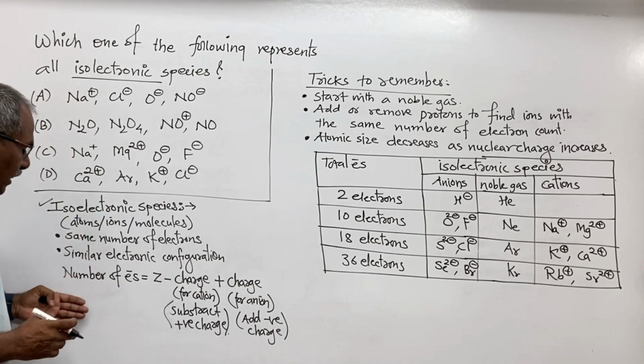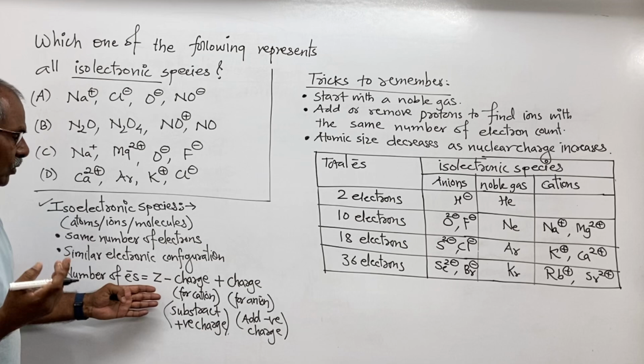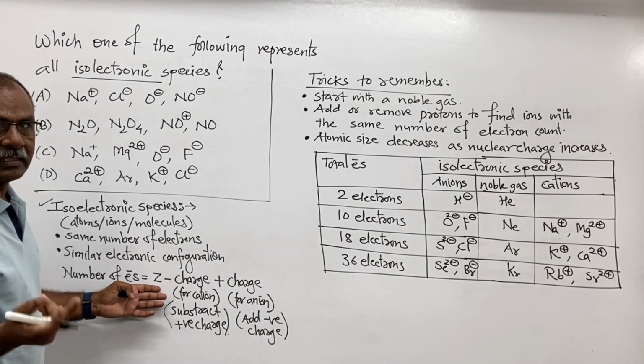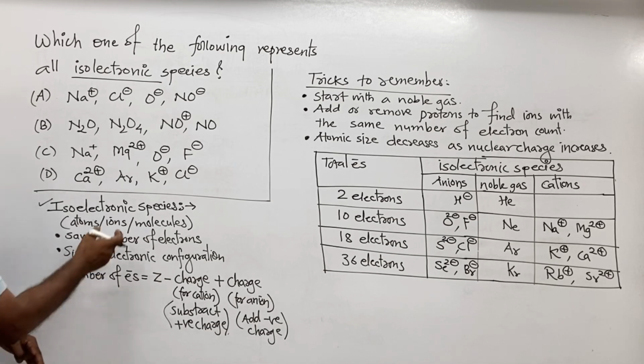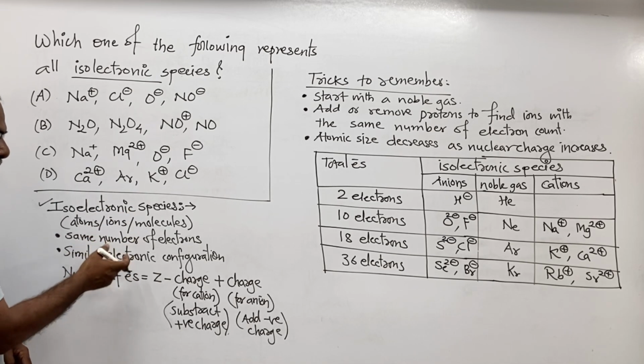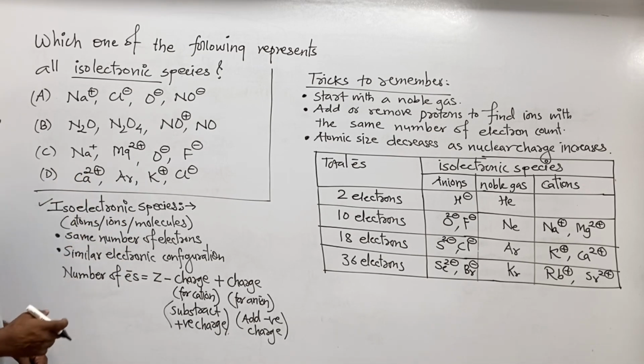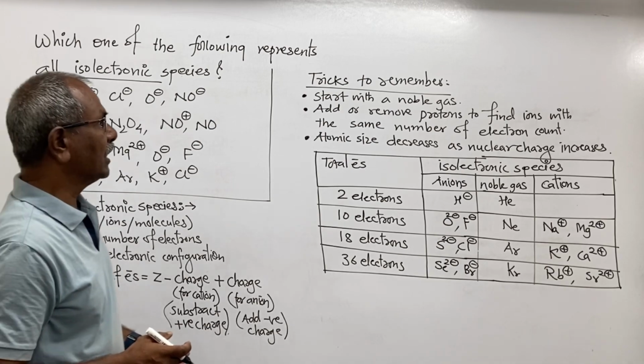For atoms, number of electrons is equal to atomic number, that is the number of protons. So these points are very important as far as isoelectronic species are concerned.